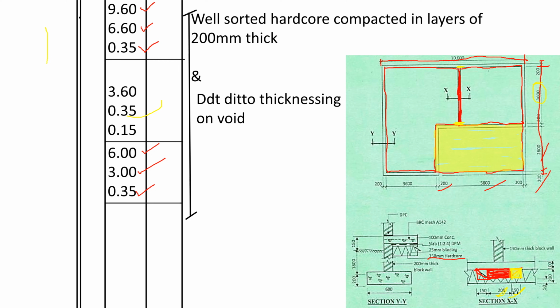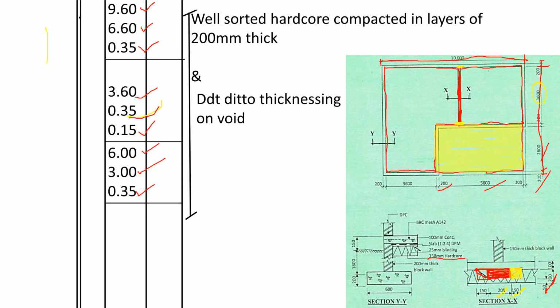Let me use a red pen which is a bit more visible. The yellow one, you can see 0.35 is the width of the trench, 3.6 is the length of that wall. Then the depth of the thickening is 0.15, which we have taken as 200 minus 50.